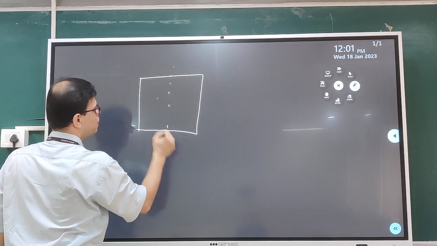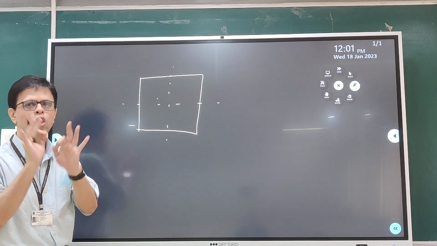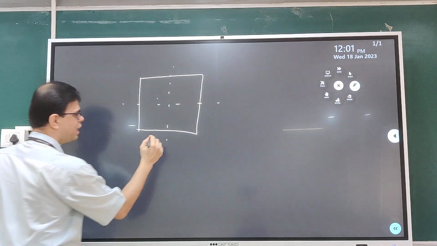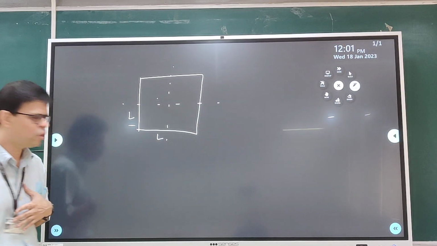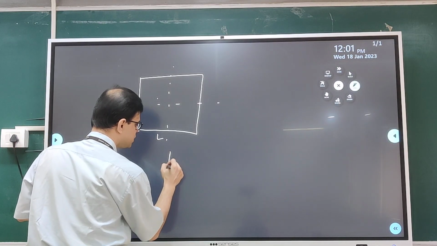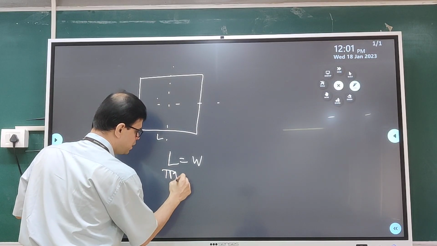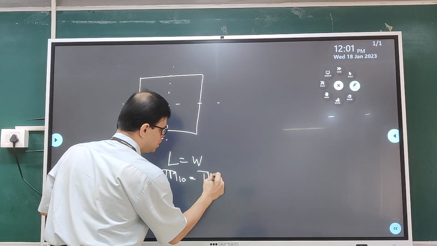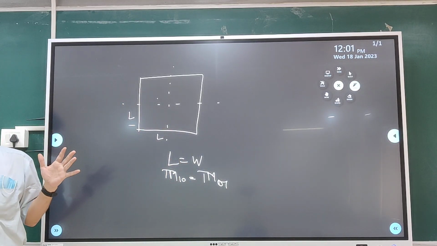First of all, to realize CP radiation, you should excite orthogonal modes. Now what I have taken is a square patch antenna. When you have a square patch, that is L equal to W, the TM10 and TM01 modes are both equal.